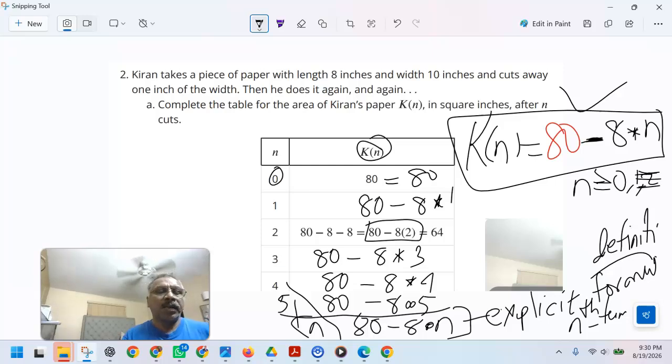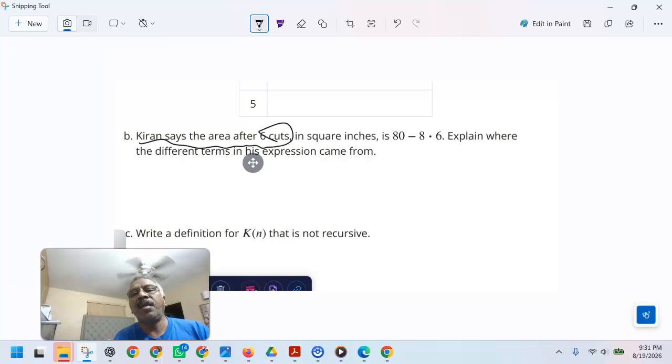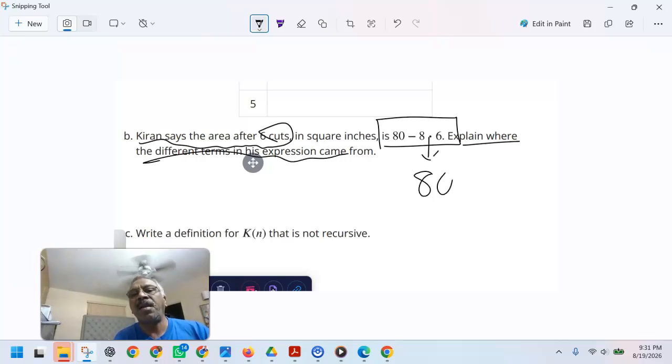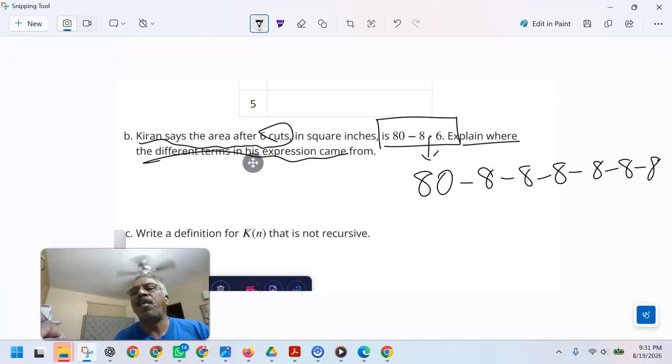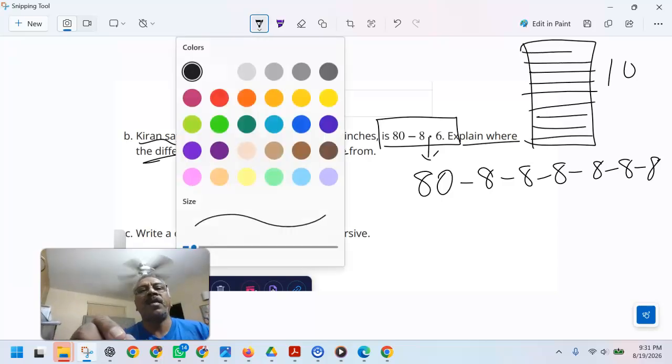Let's see, another question they're asking is: Kiran says that the area after 6 cards is this. Explain the term, where did this come from? That's because 80 minus 8, minus 8 means you are going on cutting 6 times the bottom piece. See? It was 10 here. And you went on cutting 6 times.